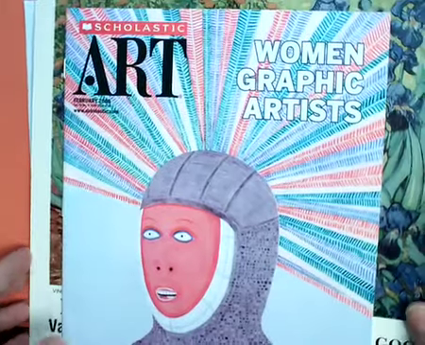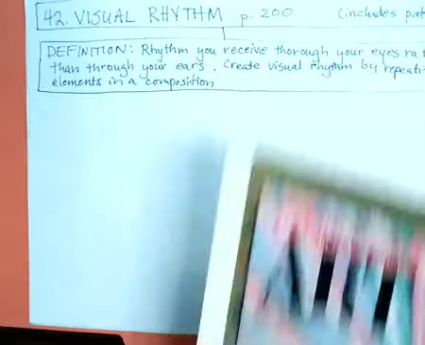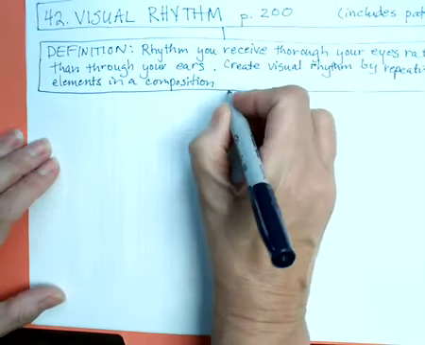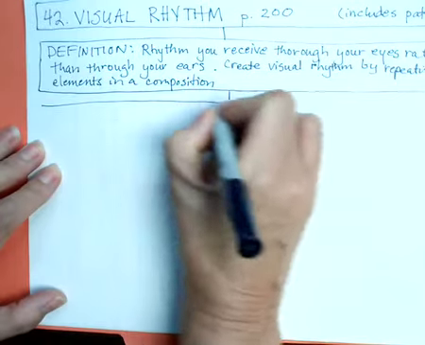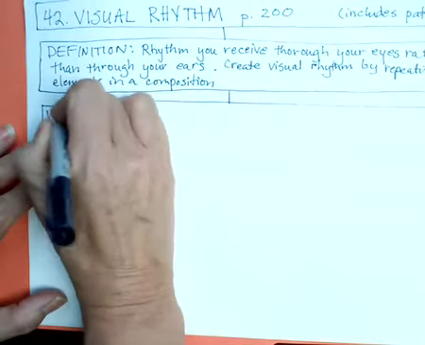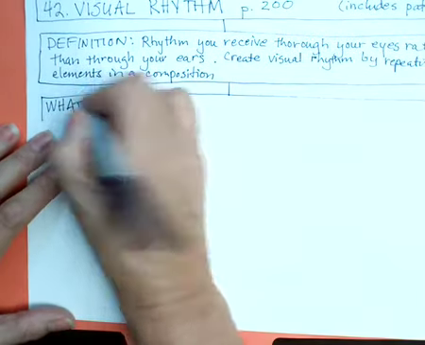So, why do we have rhythm? What does it do? And there's a couple things it does. Can you still see it? I changed the lighting. I'll make it a little darker.